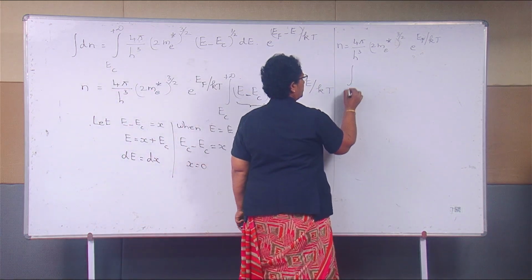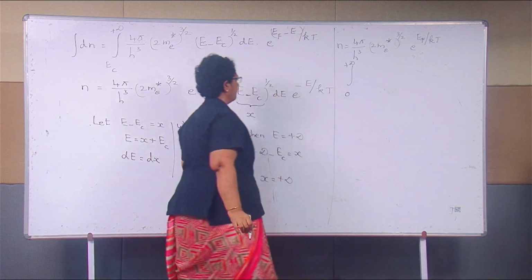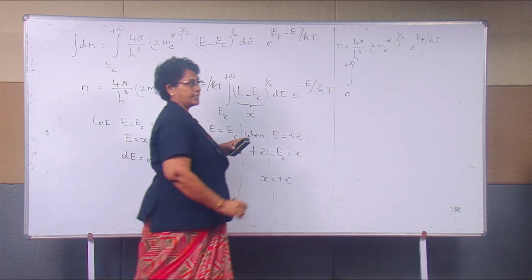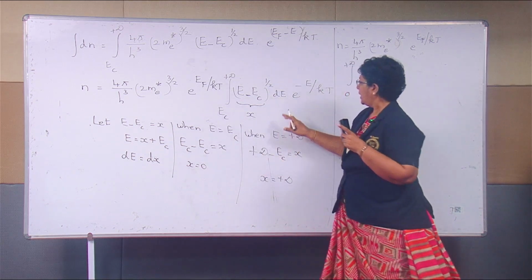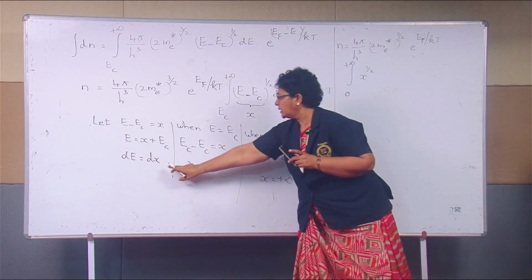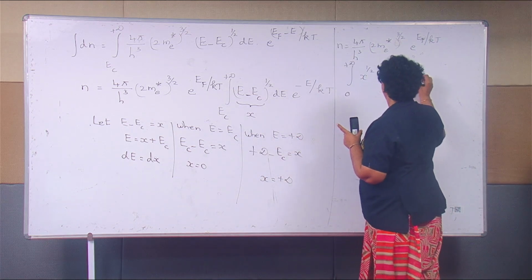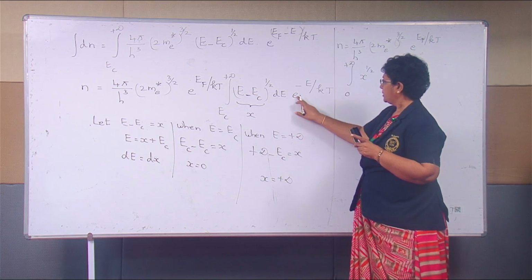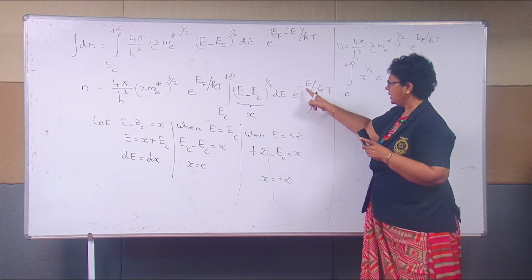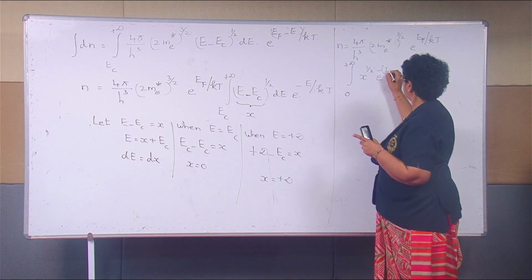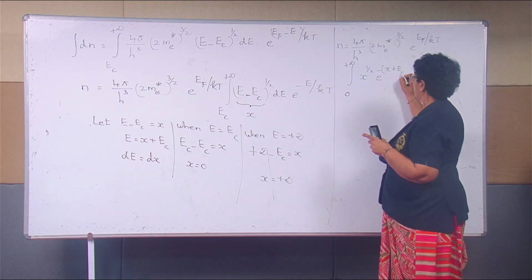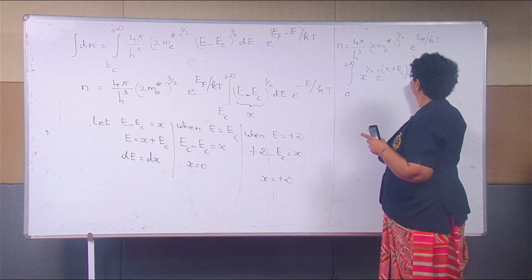So from 0 to plus infinity. Now this becomes as x to the power half, and this dE becomes as dx. So let us have that at the end of the expression. So e to the power of this E will become as x plus EC. So minus x plus EC by kT.